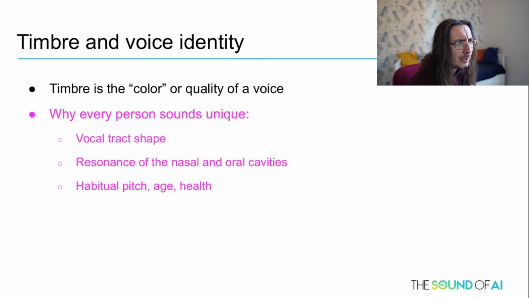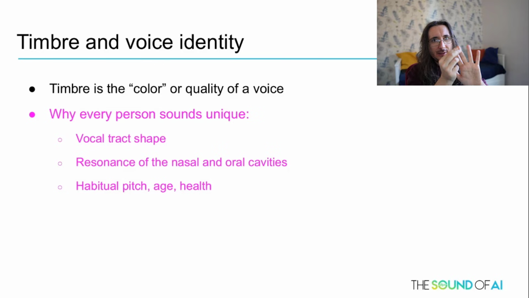The question is why every person sounds unique? Well, that has to do with the timbre of their voice. That's very unique to you. It's almost a fingerprint. And that is determined by the shape of your vocal tract, so your phonatory system.